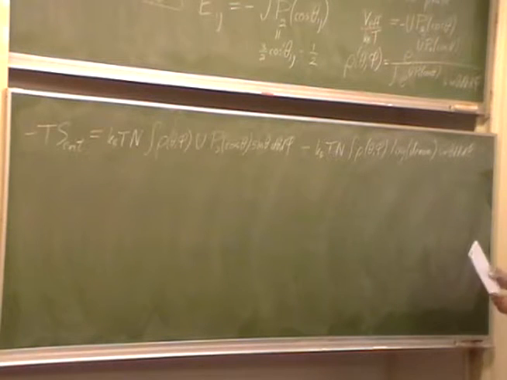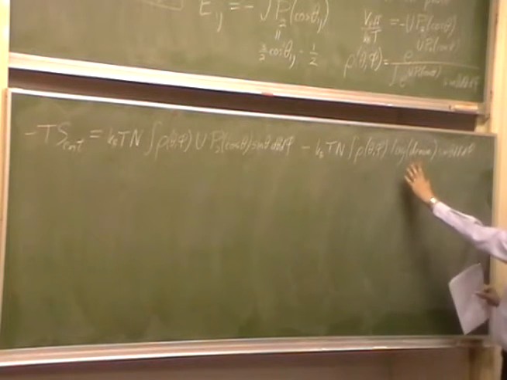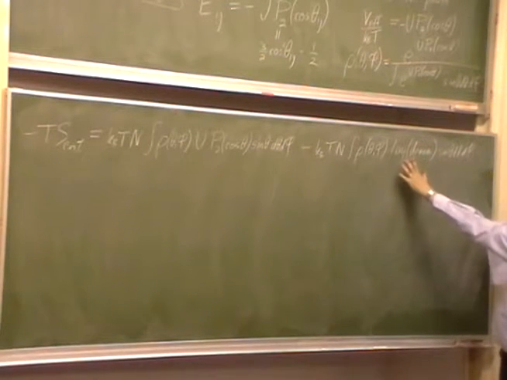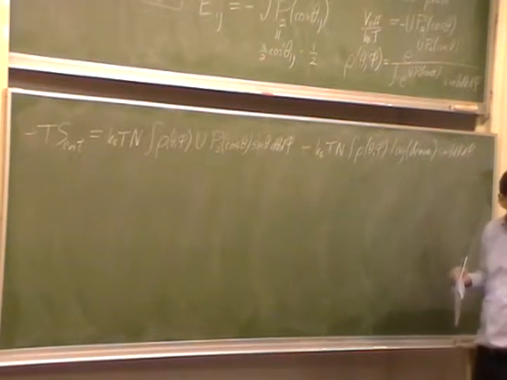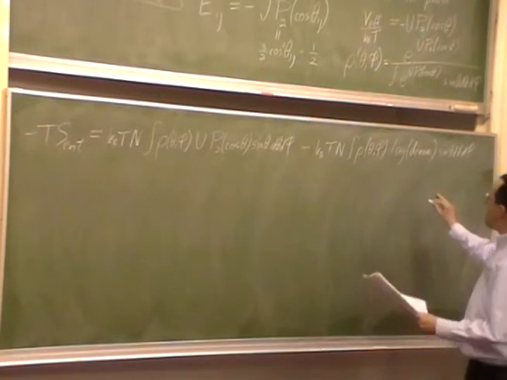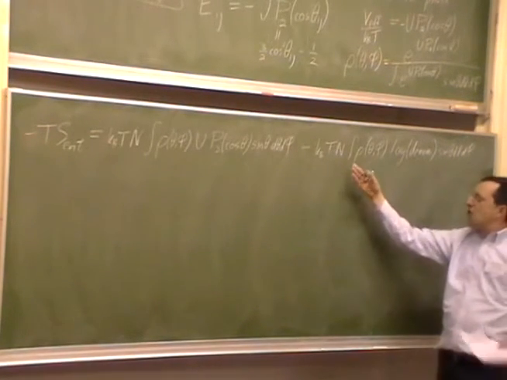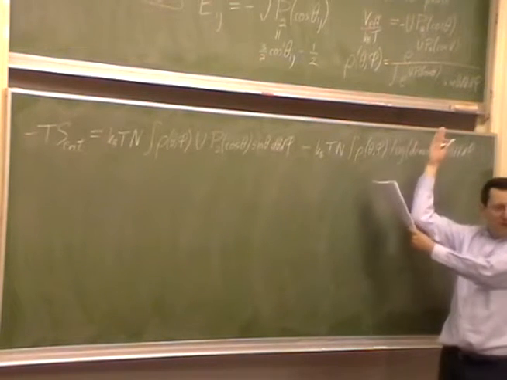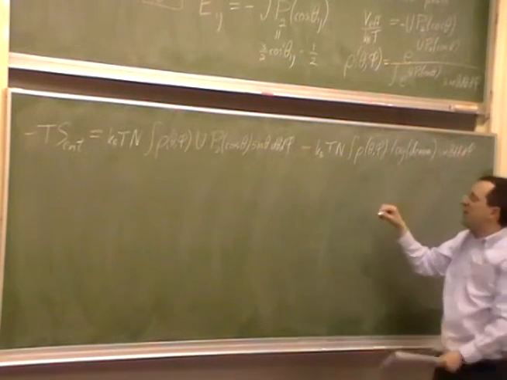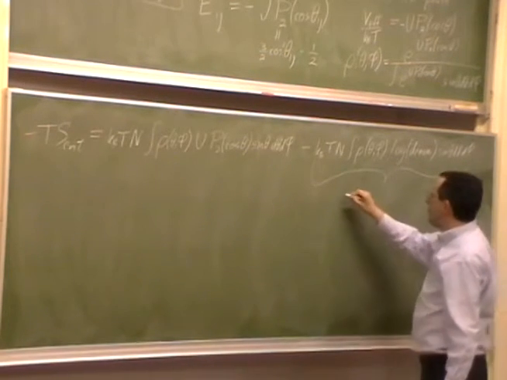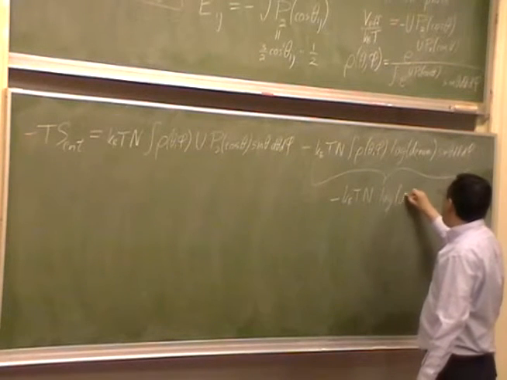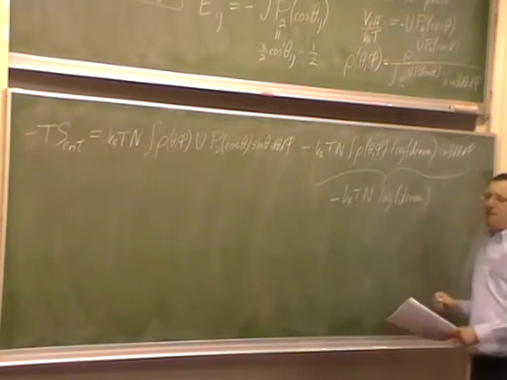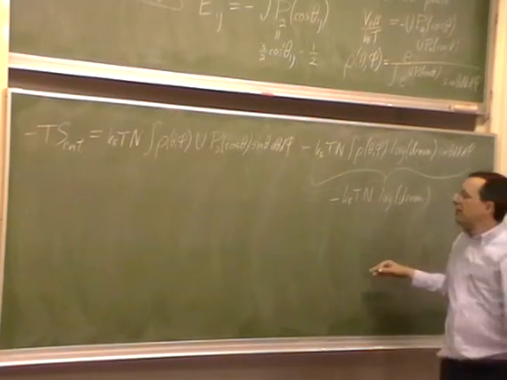In the second term, we have the log of the denominator, which is just some constant that factors out of the integral, and then I just have an integral of the probability distribution function. So it just integrates to 1. So this last term is minus kTN log of the denominator, and that's all.